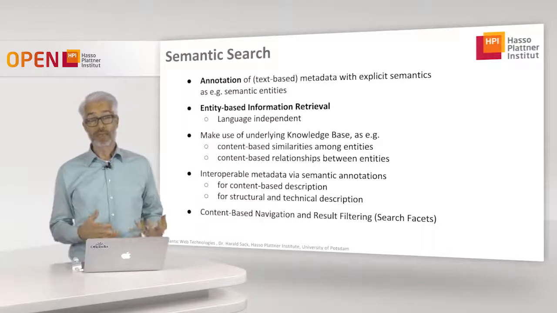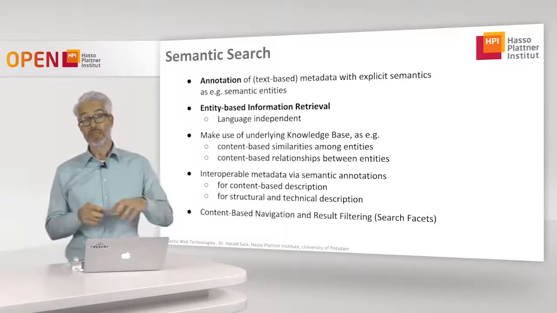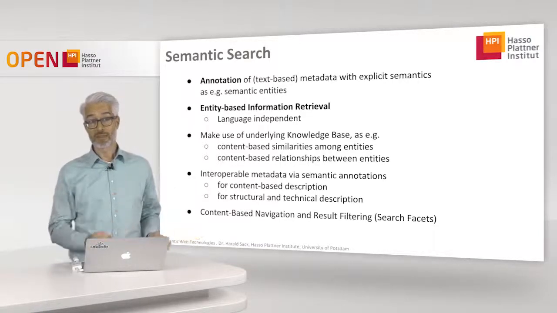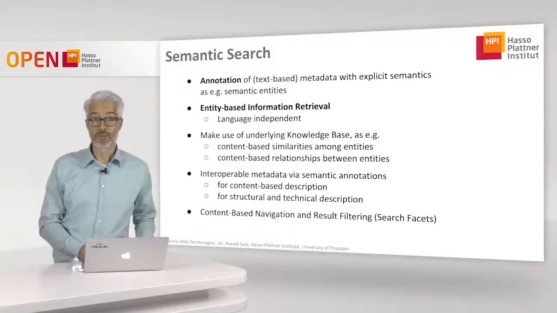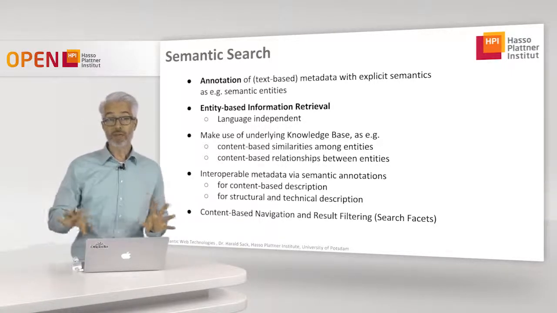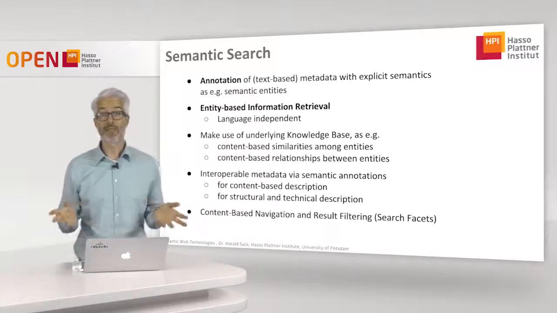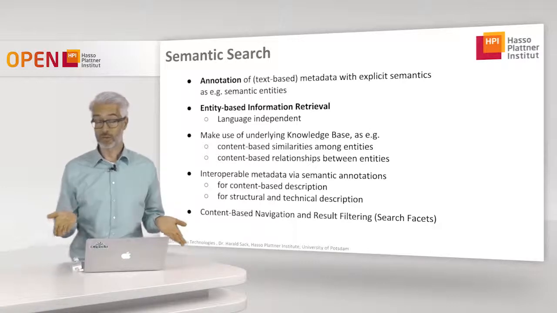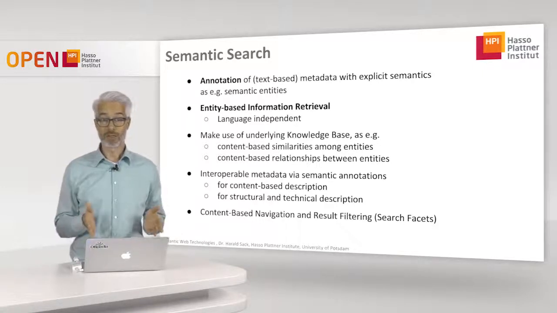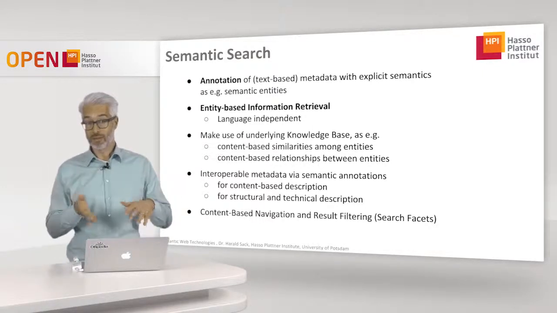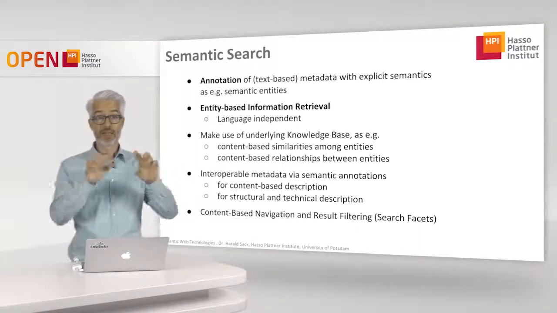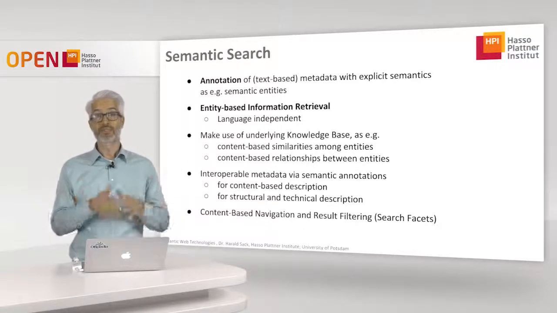And another purpose besides, let's say, the plain retrieval to display one list of results like you are used to get in the standard search engines today, you could also use this information for content-based navigation and result filtering. So you could filter your result based on so-called search facets. You all know what search facets are, so usually these are filters that filter your result. You all know that, for example, in the image search of a search engine, you often have the possibility to filter for images that have a specific size or that have specific content.